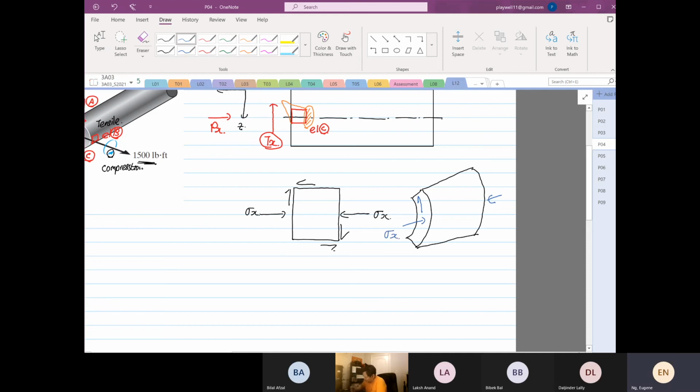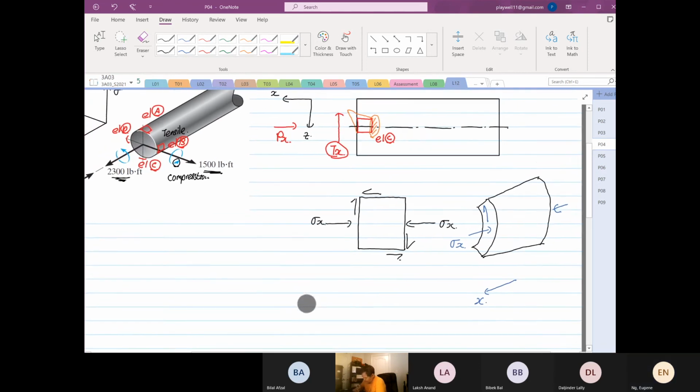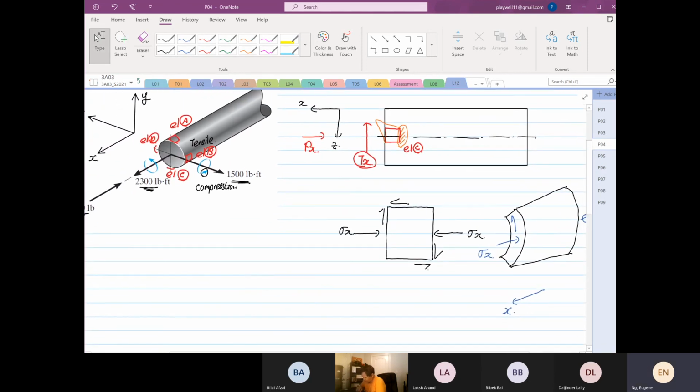Okay, so if I were to draw 3D for our transformation now, this will be our x. Sometimes I make life difficult for myself.